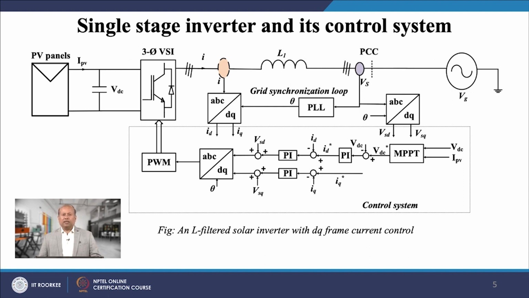The single stage solar inverter is represented here along with its control system. It has all the control loops, such as the MPPT loop, inner current loops, and grid synchronization loop, which are essential to solar inverter operation. Let us see more details on the inverter connections and its control in the coming slides.